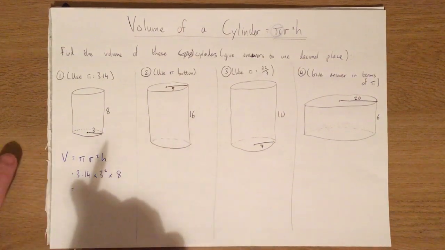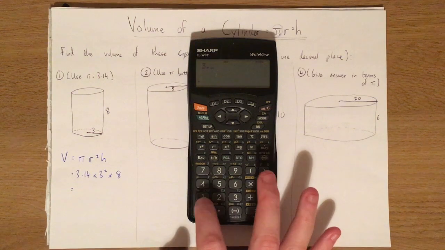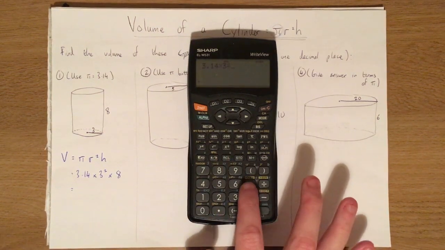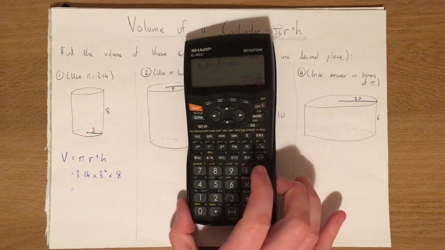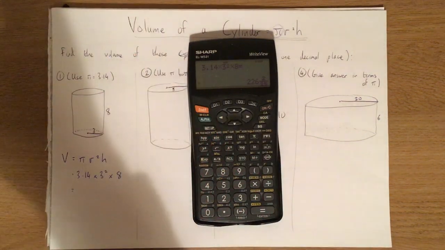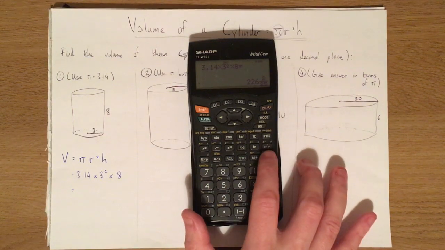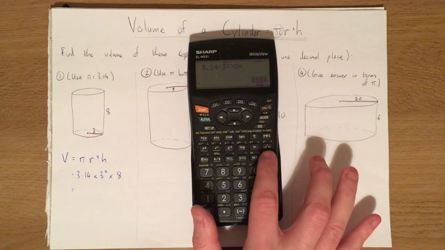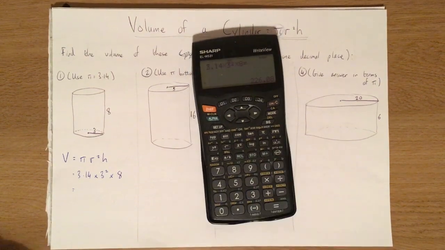So I just put this into my calculator. 3.14 multiplied by 3 squared multiplied by 8. And it gives me 226 and 2 over 25. Remember it said 1 decimal place, let's just press change, or if you're on the Casio calculator, it would be the SD button that's here. But change, and it's 226.08.